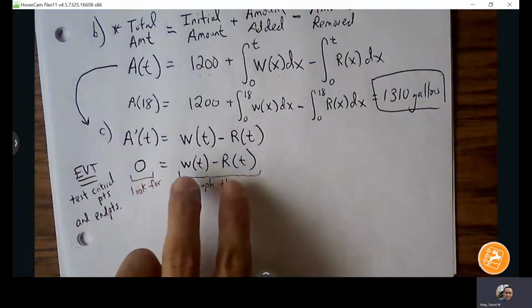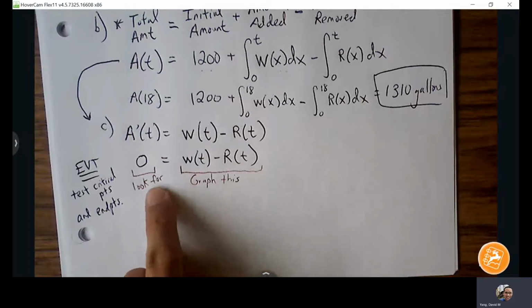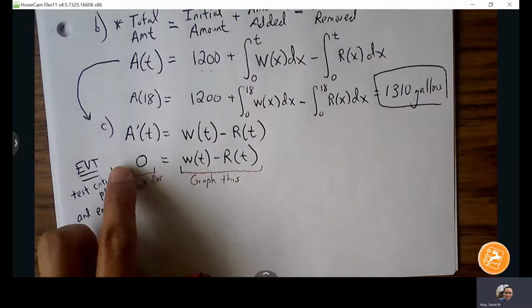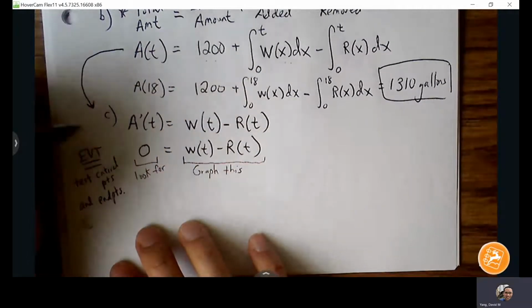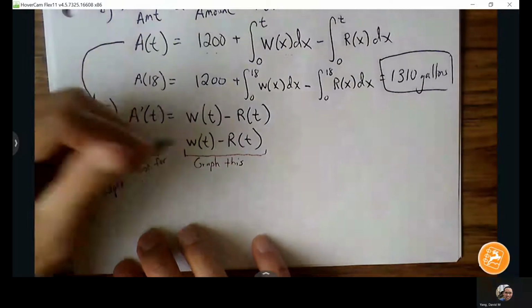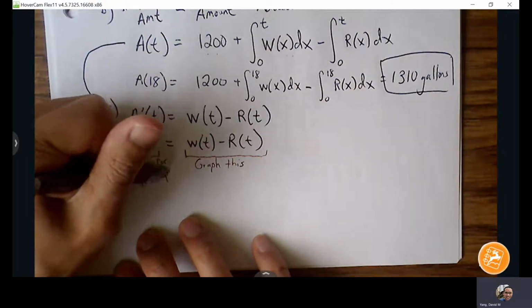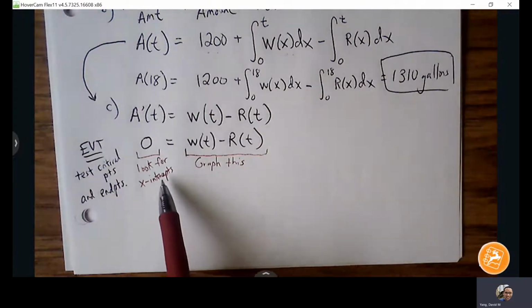We could say W of t equals R of t and look for the intersection, but I think this is a little bit cleaner. If I do W of t minus R of t, I can set it equal to 0, and 0 means I'm looking for what? What does 0 mean on the graph? Good, x-intercept. It's cleaner than searching all over the graph to see where the intersection is.